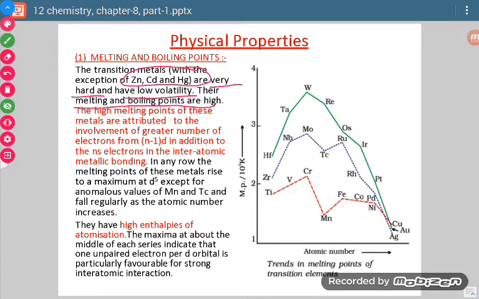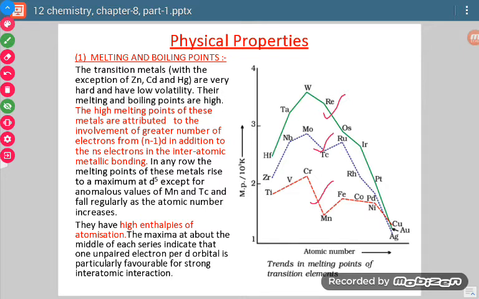Now let us look at the graph. This one is for the 3d series, this is for the 4d series, this is for the 5d series. What we are able to see here, first of all, is that the melting point values of the 3d series are the lowest as compared to the 4d and 5d series.